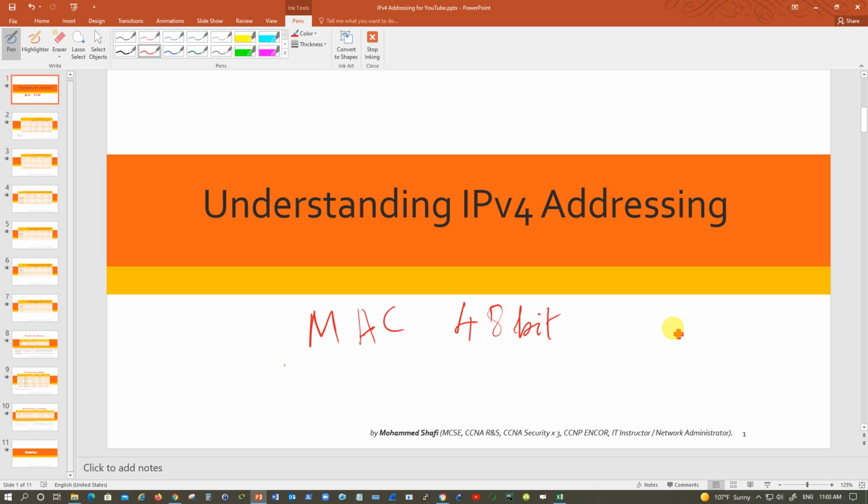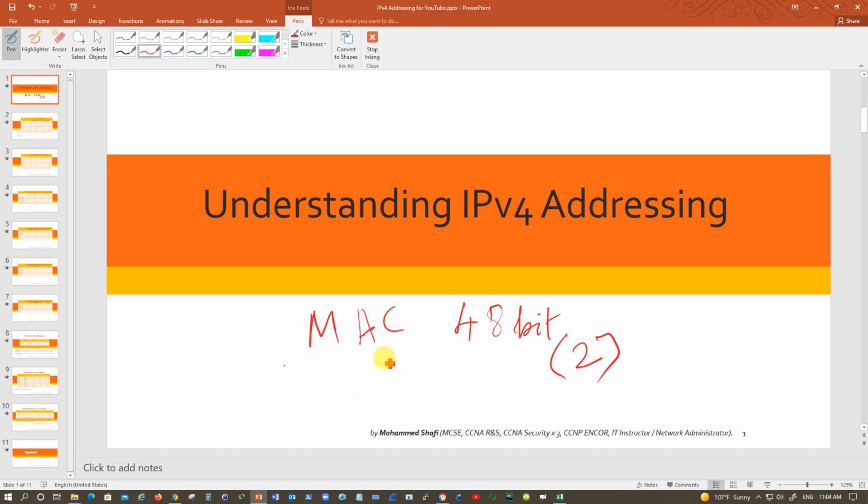I would like to take a separate video on numbering systems later on, but understand this: a bit is either 1 or 0. Since it has only two states, it takes the base value of 2, with 0 representing the off state and 1 representing the on state. Hexadecimal values have base 16, and we will discuss them later on. So just understand, the IP address is logical and this is physical.